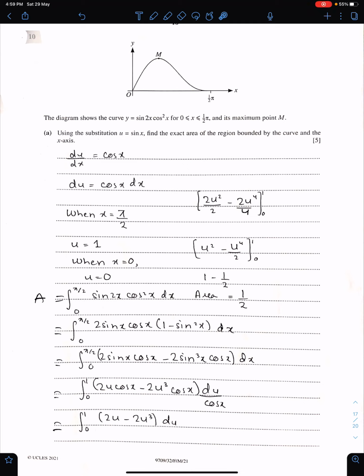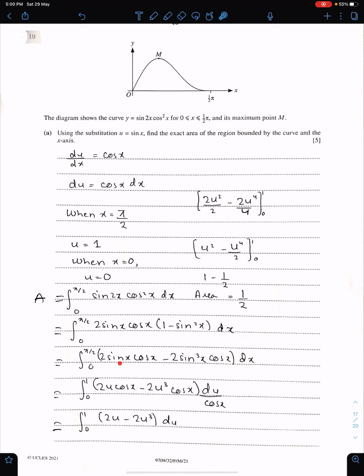See, cos square x can be written as 1 minus sine square x, and sine 2x can be simplified in this way, 2 sine x cos x. Now this is the simplified formula of the area.